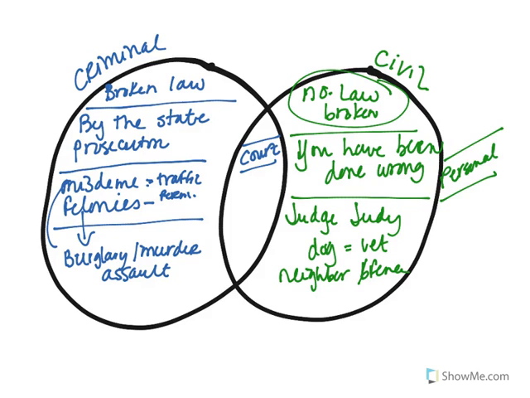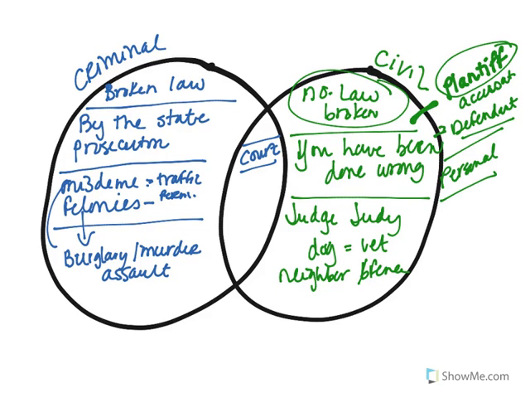Okay, one more thing about your civil cases. In civil cases, there are two types of people. There is a plaintiff, and that is the person making an accusation that someone has done something wrong. And there is a defendant, the person that comes in and defends that they did or did not do something the plaintiff is accusing them of.